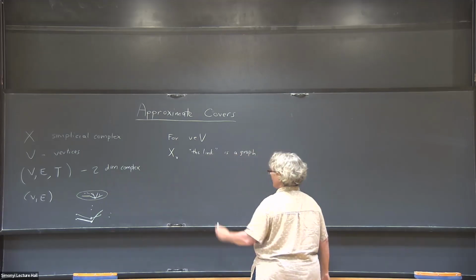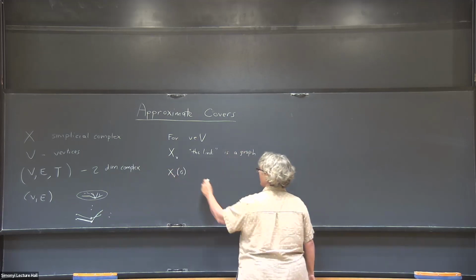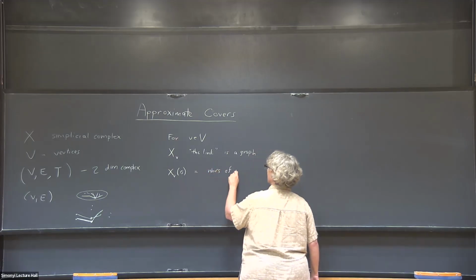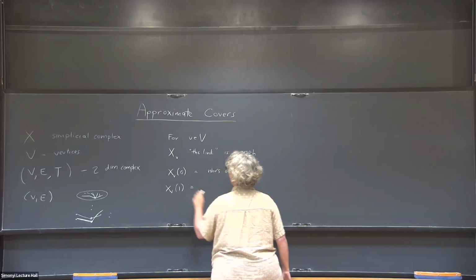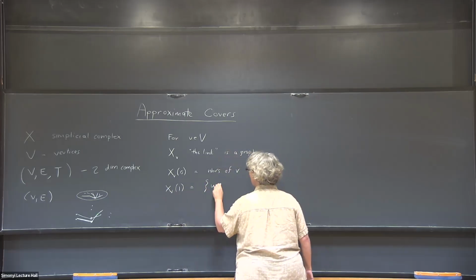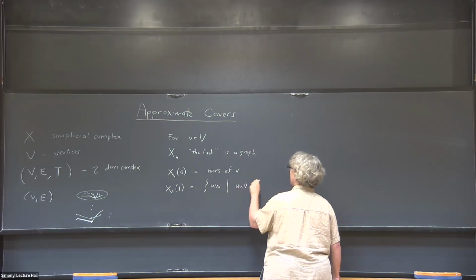We have a graph such that the vertices, we call them X_V(0), are all the neighbors of V. And then the edges of this graph are all the edges UW such that UWV is a triangle.